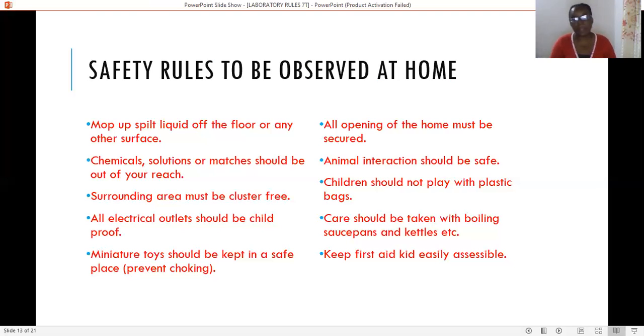So imagine the children. I know that they're not supposed to be in the kitchen, but they will still tend to venture there. So we have to ensure that we secure the environment as per that rule.